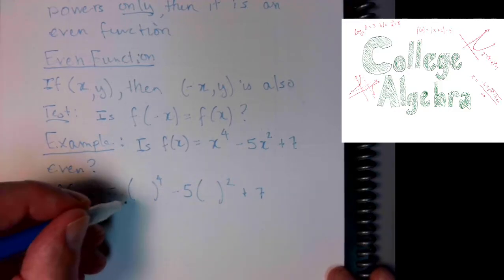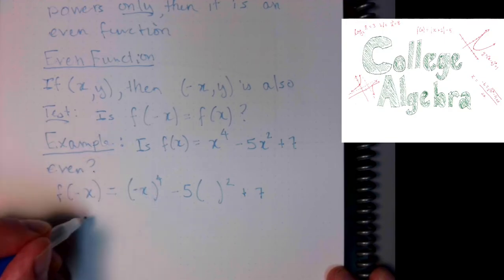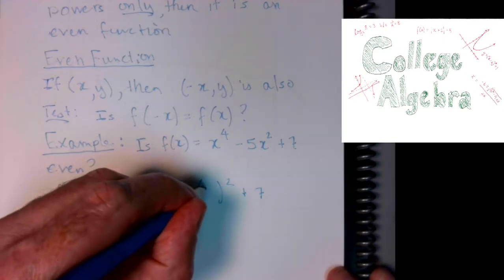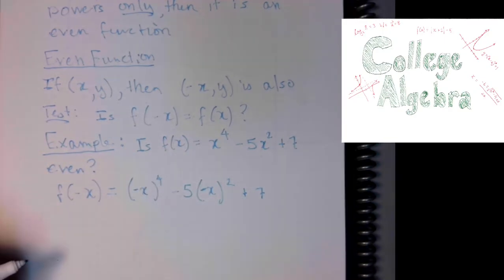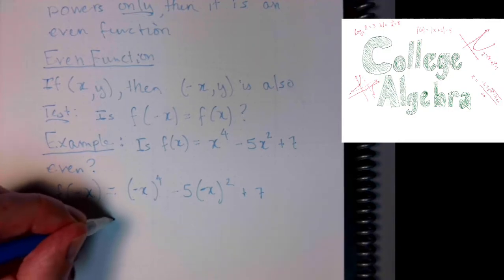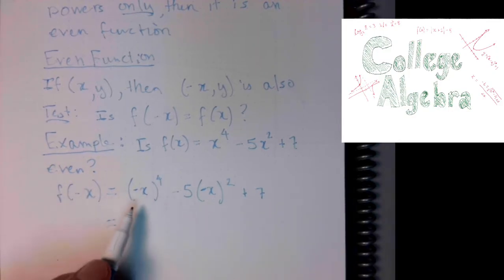So whatever is in the parentheses on the left-hand side also fills in these blanks on the right-hand side. Now here we've got negative x raised to the fourth power. Now we know the sign rules for multiplying. If you have two negatives and multiply them, you get a positive.